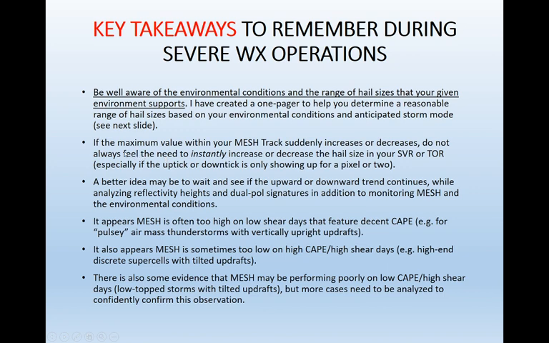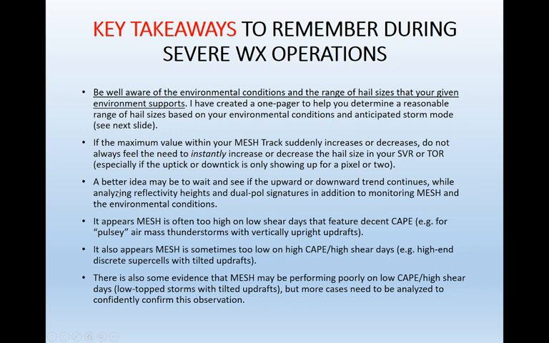And also, one thing I noticed going through all of these cases is that if the max value within your mesh track suddenly increases or decreases, it didn't seem like it was always a good idea to just instantly increase or decrease the hail size in your severe or TOR, especially if the uptick or the downtick in the mesh product was only showing up for just a pixel or two.